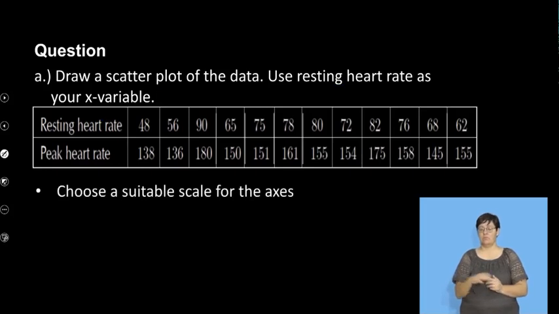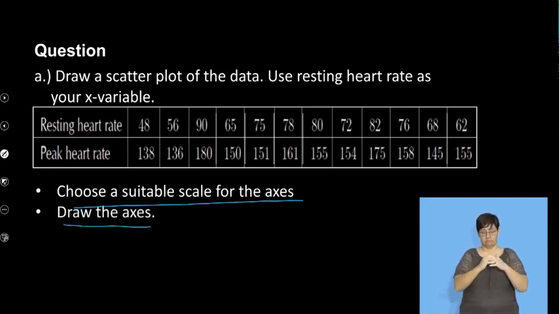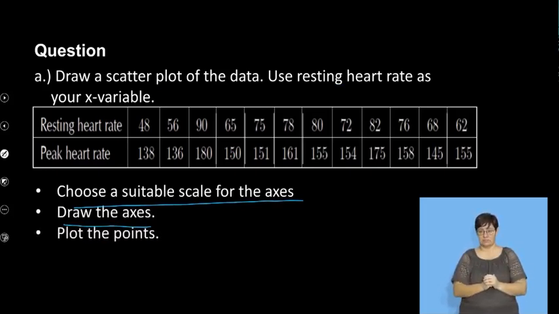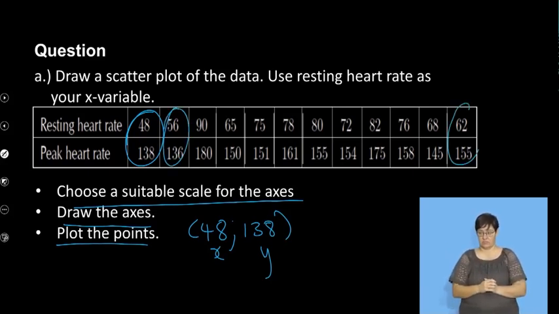We have to choose a suitable scale, which is very important for the axis, draw the axis, and plot the points. For example, the first point will be 48 and 138, where 48 is x and 138 is y. We have to do this for each and every point, all the way to 62 and 155.